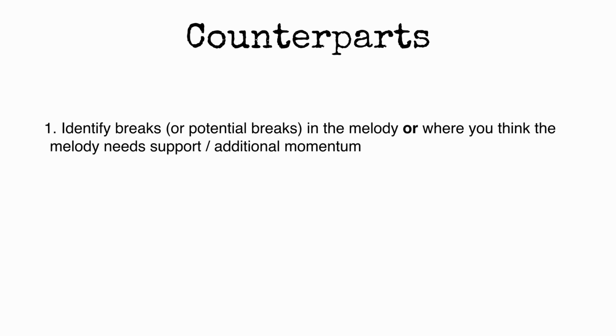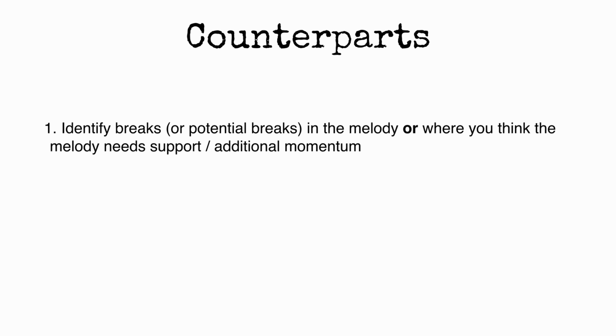There are two main ways of adding counterparts, and that's to either fill the gaps from your main melody. So wherever the main melody pauses or breaks, you have some counterpoint come in and do some movement. Where the main melody stops moving, the counterpart takes over and does some movement. Or you could harmonize with the main melody. So you play the same rhythms, but on different notes.